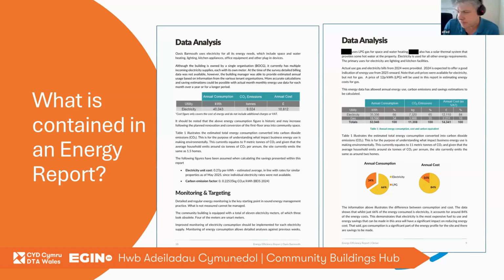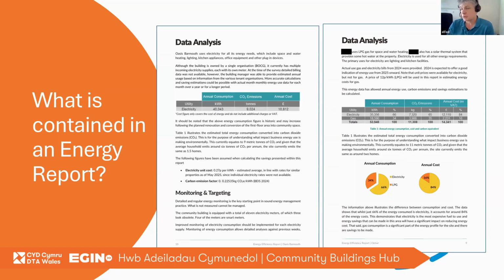The one on the right does break it down into how much energy we're getting from electricity, how much energy we're getting from gas, the percentages for those two, but also how much emissions each measure creates, as well as how much cost it incurs.